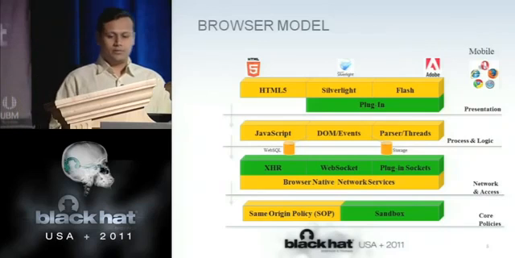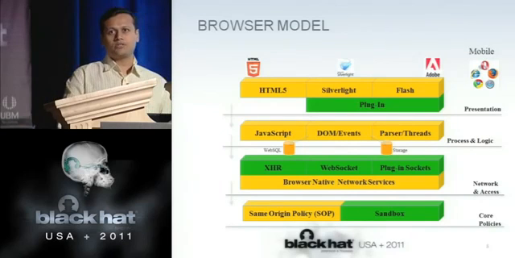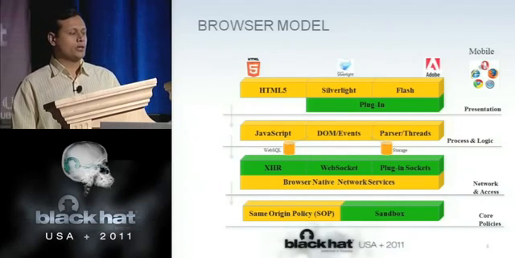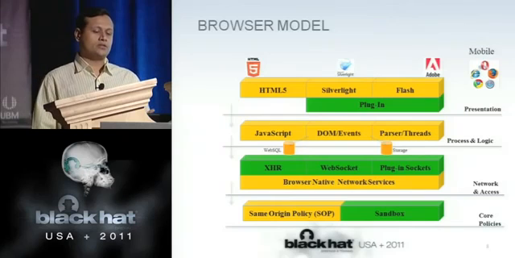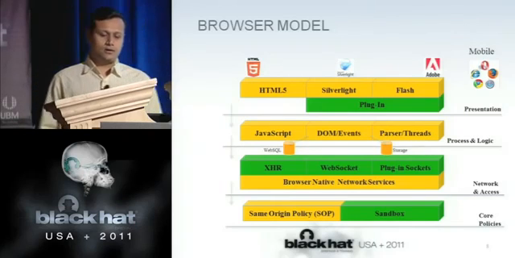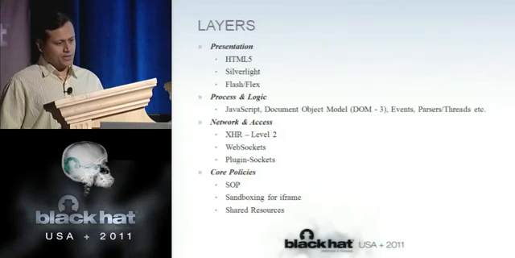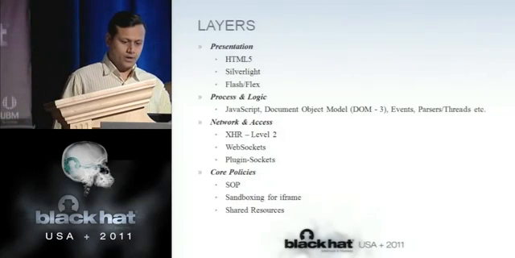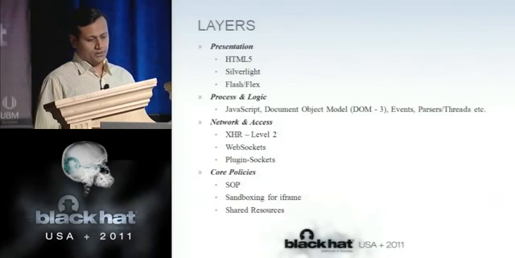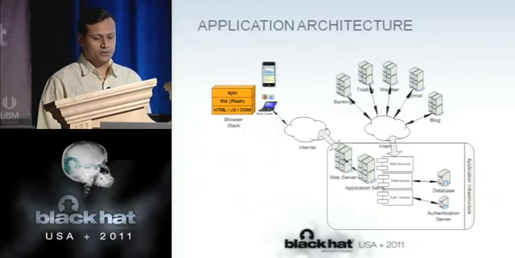And pretty much all these technologies are supported across browsers. With HTML5, some browsers support some set of technologies, others do not. I think Chrome 5 is supporting HTML5 fully, and then IE and Firefox are supporting it in their limited capabilities. So these are the layers: presentation, process logic, network access, and core policies, where SOP, sandbox, and shared resources are the 3 important policies.